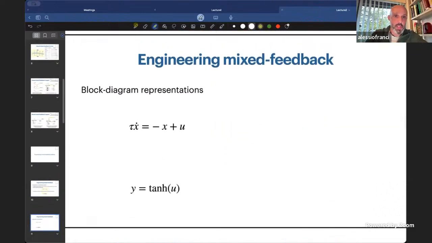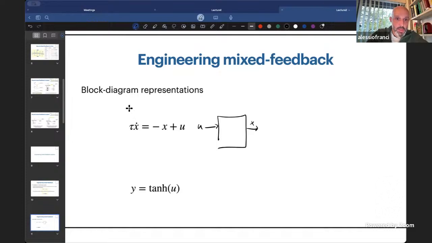If this was not clear, you can always represent this differential equation as a block that takes input u and has output x in this case.